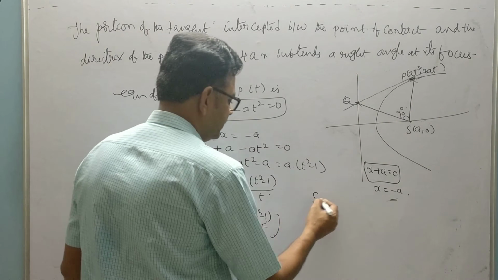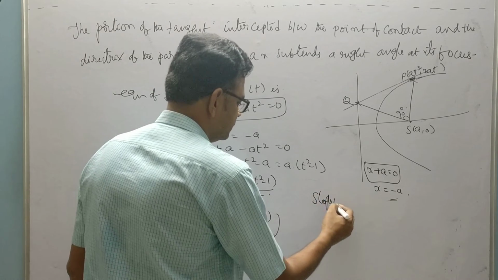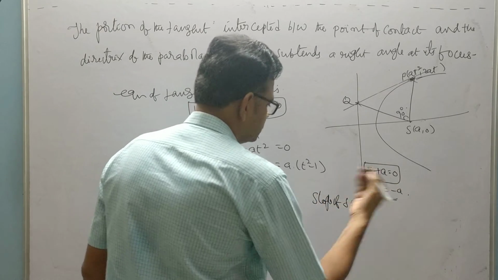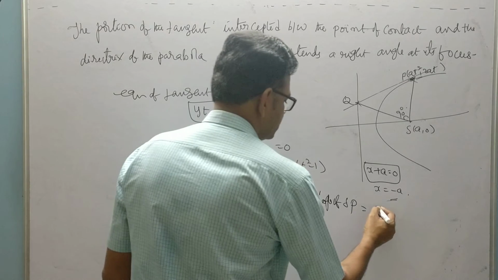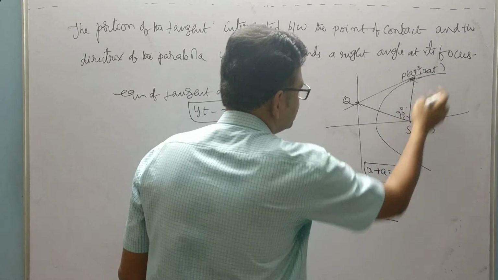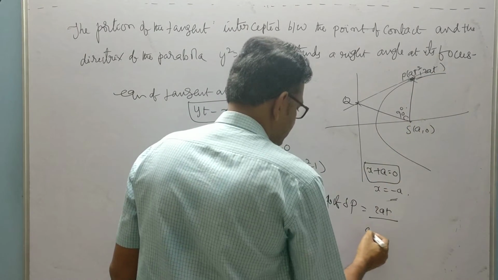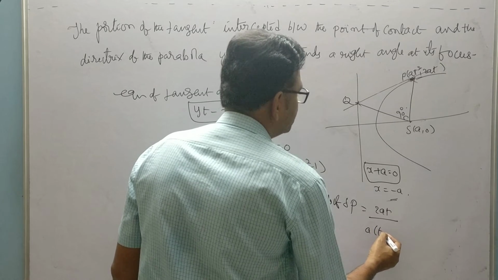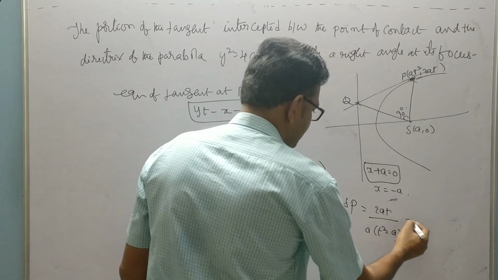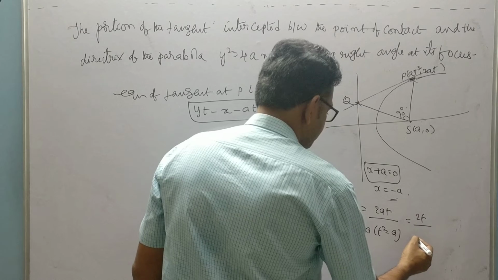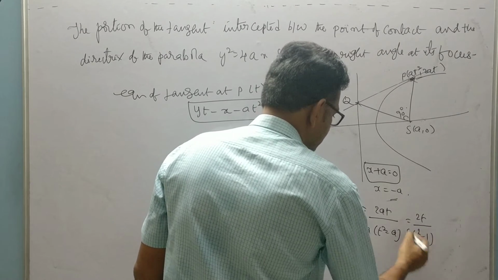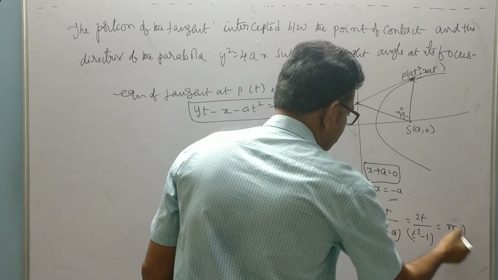Now slope of SP equals 2at minus 0 by a into t square minus a. That is 2t by t square minus 1. Let it be m1.